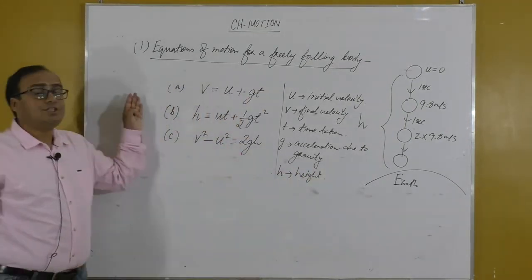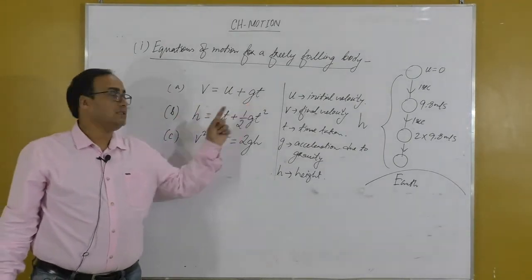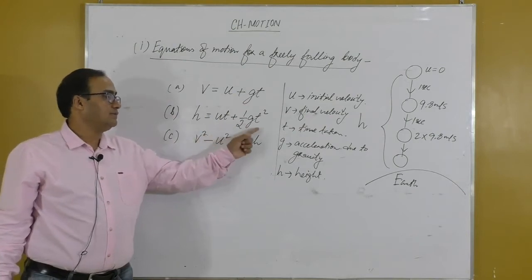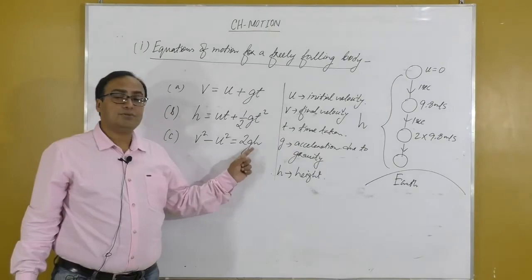So the three equations of motion for a freely falling body: v equals to u plus gt, then h equals to ut plus half gt square, then third one v square minus u square equals to 2gh.